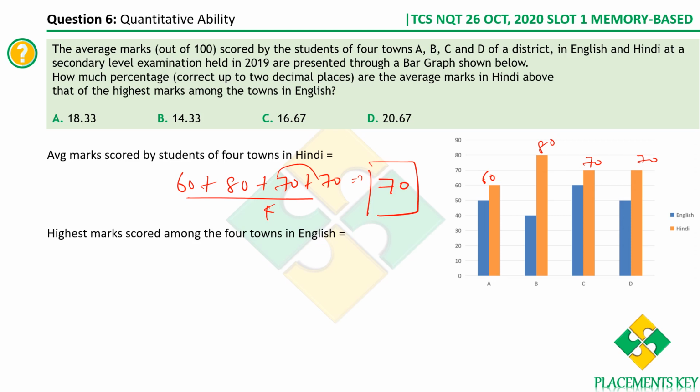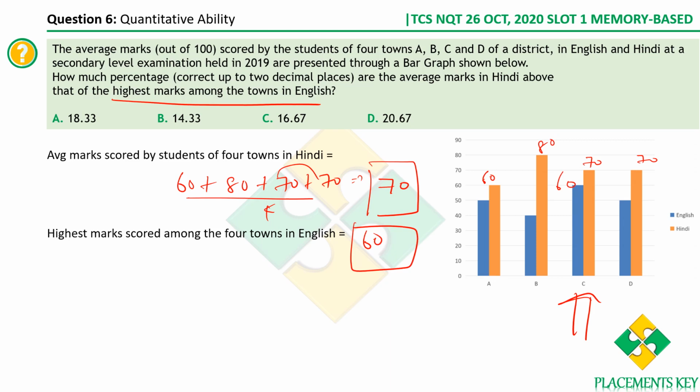Now, what is the highest mark scored among the 4 towns in English? That's what they told, right? English is blue. What is the highest value? It is here, right? It is 60. Now, what are we supposed to find?